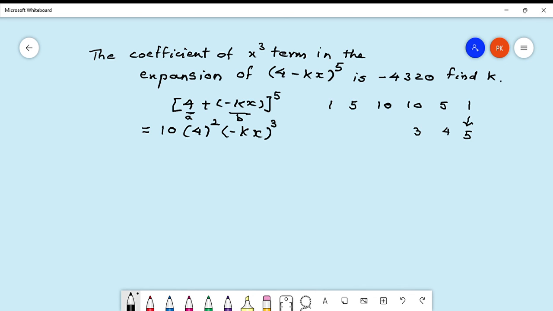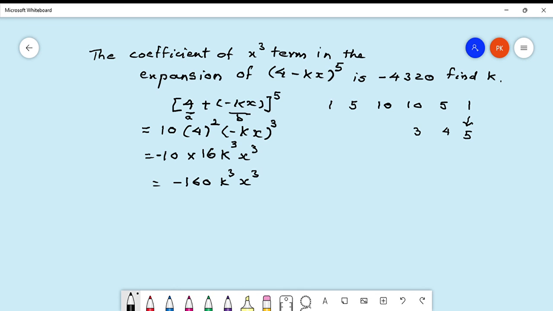So the coefficient is 10. So 10 into 16 and negative k the whole cube. So this will be negative k cube x cube. So that gives negative 160 k cube x cube.